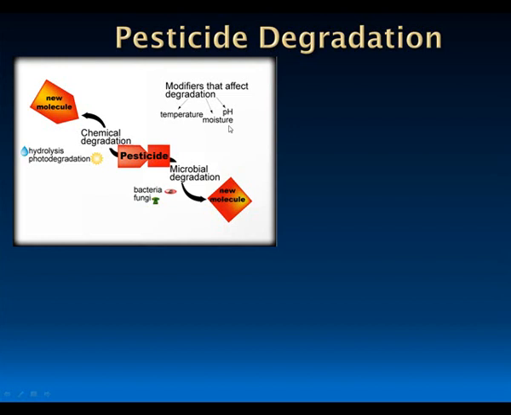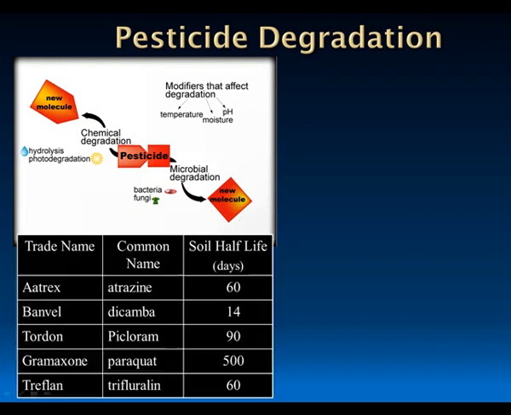Pesticide degradation is very important to think about. So how long does it take to go from a new molecule through a biological or chemical or photo degradation process to get to the daughter products, or things that are no longer as effective as the pesticide?